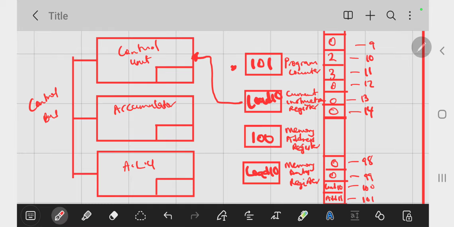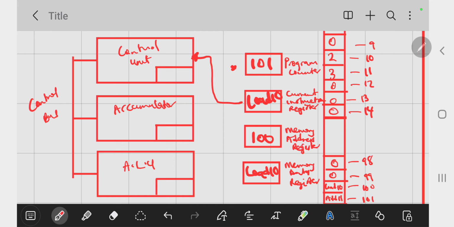Because we said the control unit is the one which acts like a traffic controller. It's the one which is doing most of the processing. So it will process the data and say load 10, okay, this is what load 10 means. Yeah, and it will be able to make sense of it. We're not going to go into details on that, but we just want to have an idea that it will make sense of it.